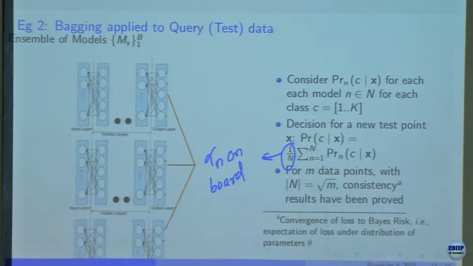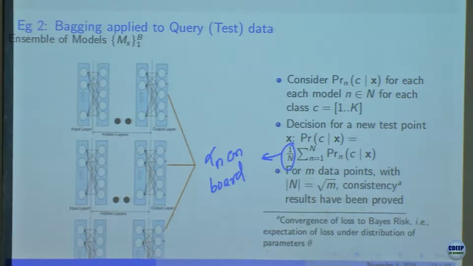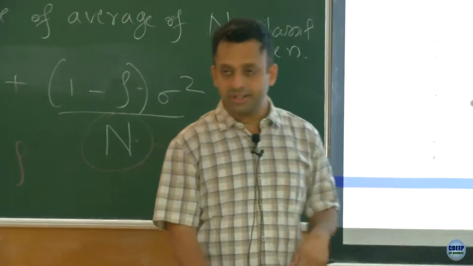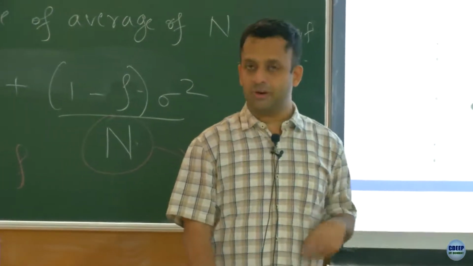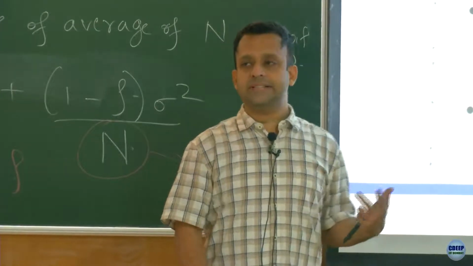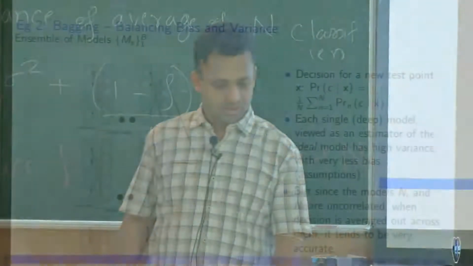We are saying that the loss will converge to a notion of an optimal loss or Bayes risk, the expectation of loss under the distribution of the parameters. So the loss will converge to the expected loss. Of course this is just for your curiosity, I will give you a reference if you want to read, but all I want to say is that even the simple idea has some interesting properties.